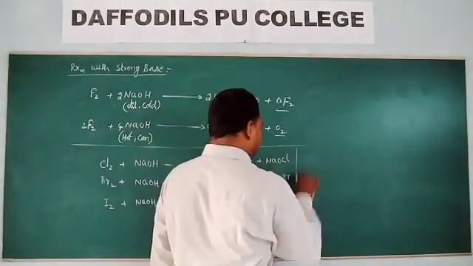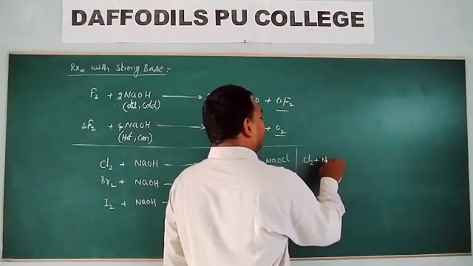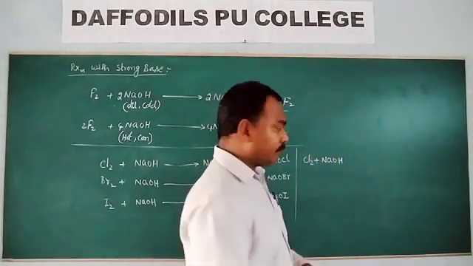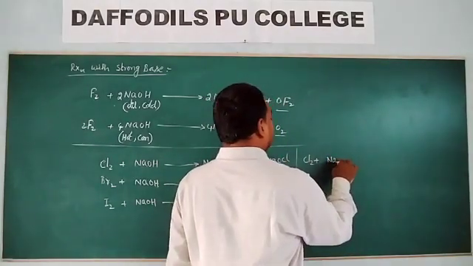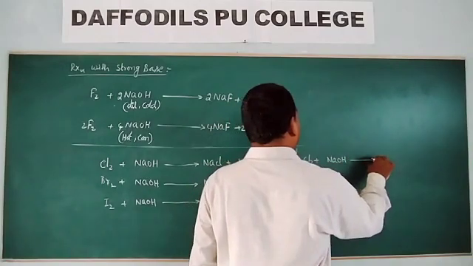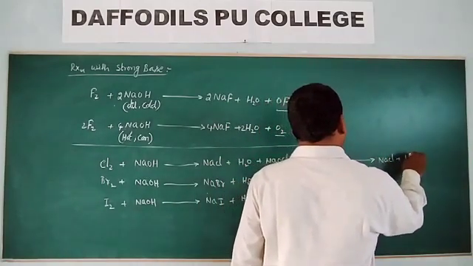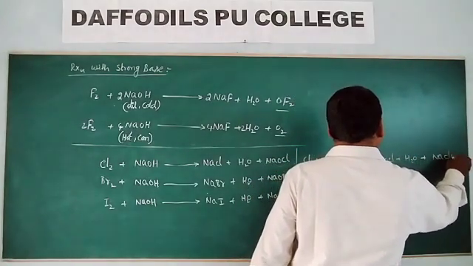Similarly, another type of reaction. When chlorine reacts with sodium hydroxide, we will get NaCl, H2O and NaClO3.